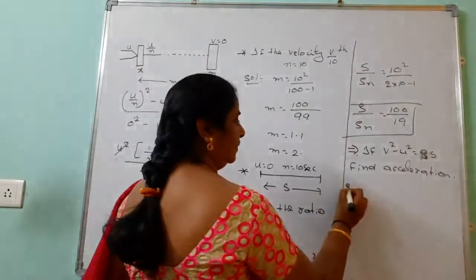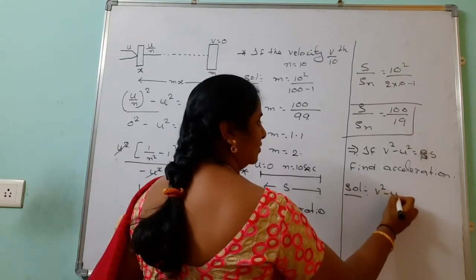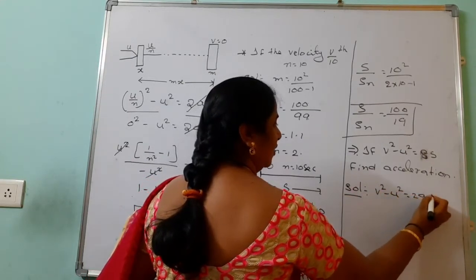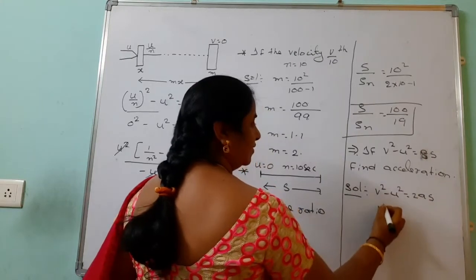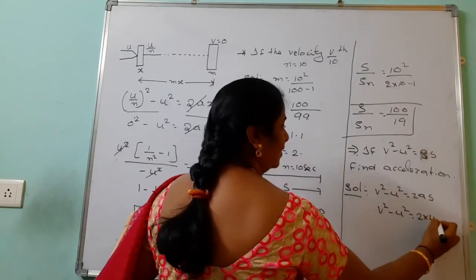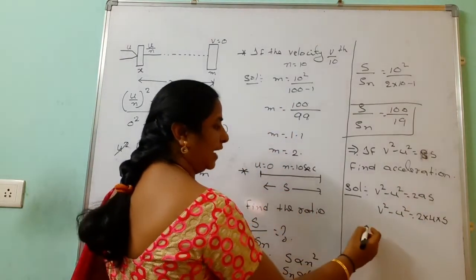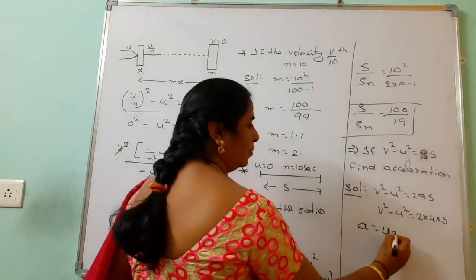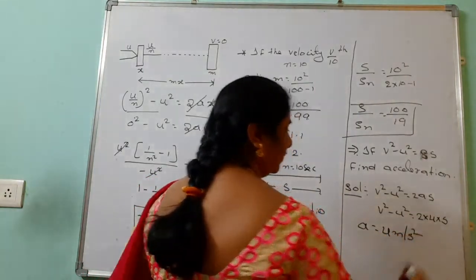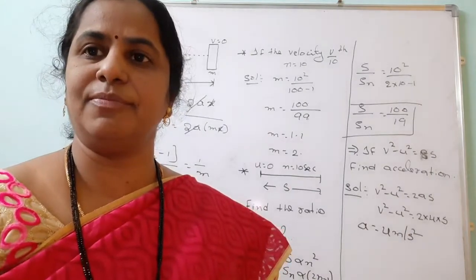We can go through the third equation of motion, v square minus u square equals 2as. It should be v square minus u square equals 2 into 4 into s. After comparison of equations 1 and 2, acceleration is 4 meter per second square. So based on the situation, we can use the equations of motion.